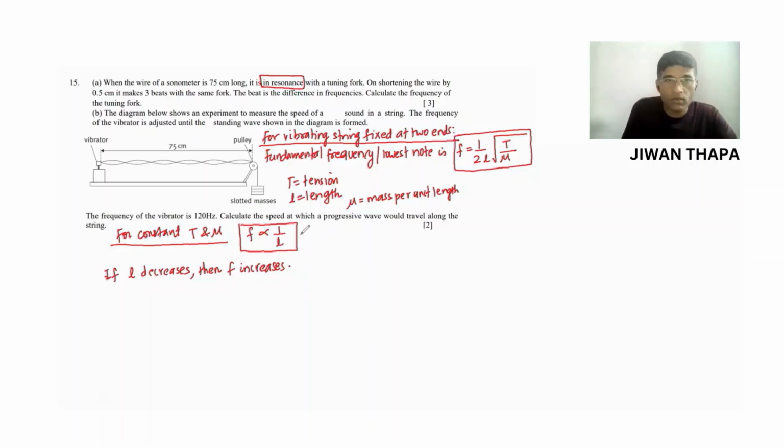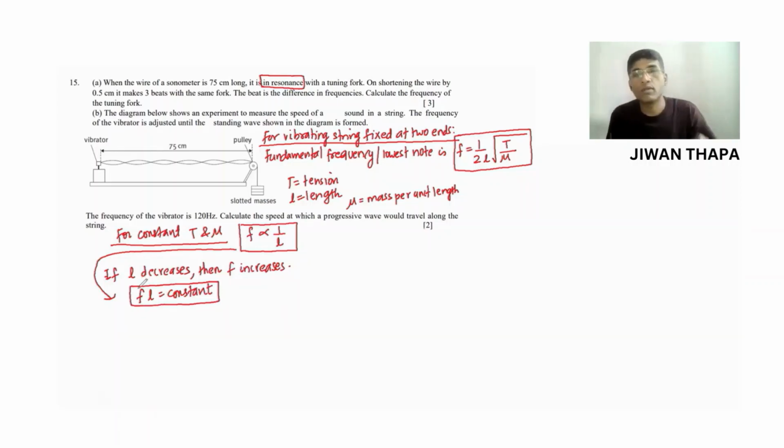So from this equation, we can write f times L equals constant. Let's call it equation 1.